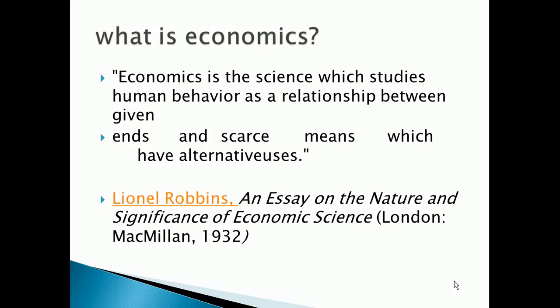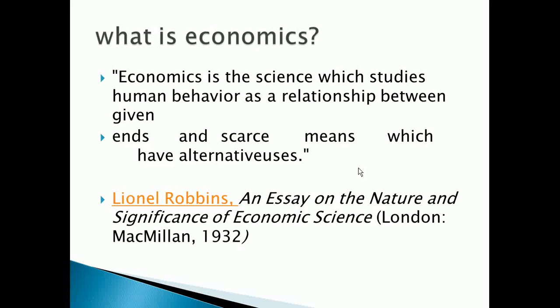It's referred to as a social science because it uses scientific methods to build theories. And these theories help to explain the behavior of individuals, the behavior of groups, and the response of organizations when it comes to utilizing scarce resources.